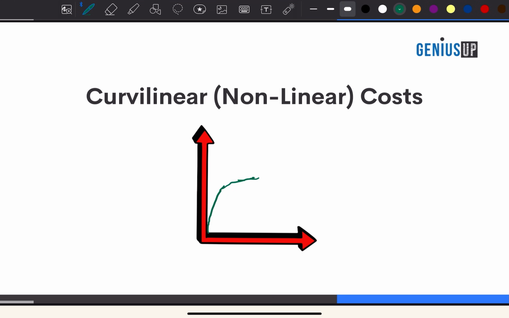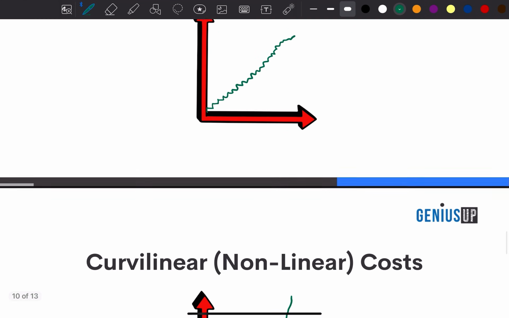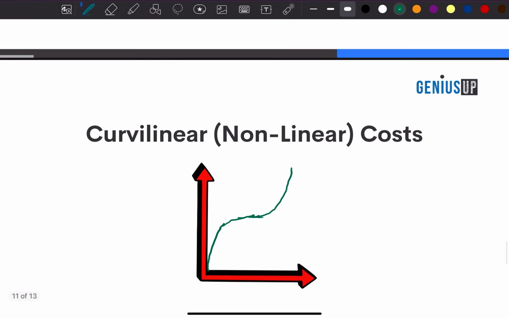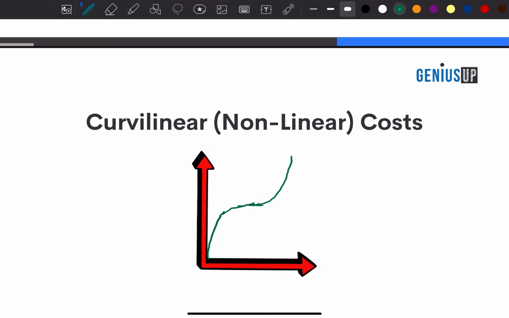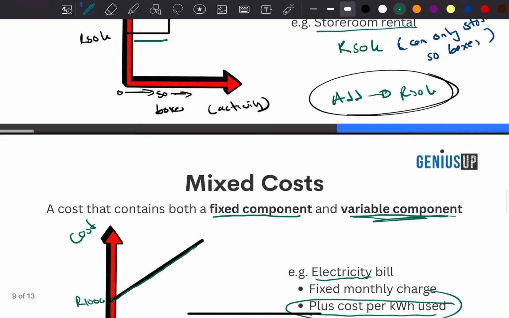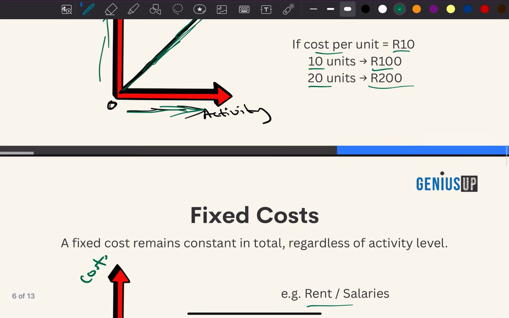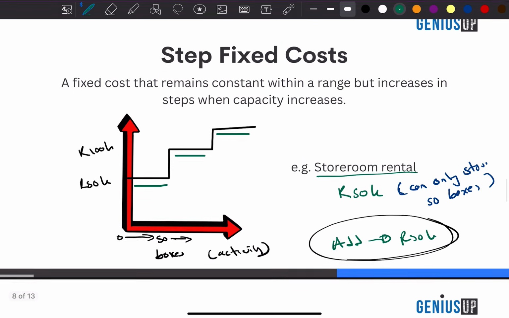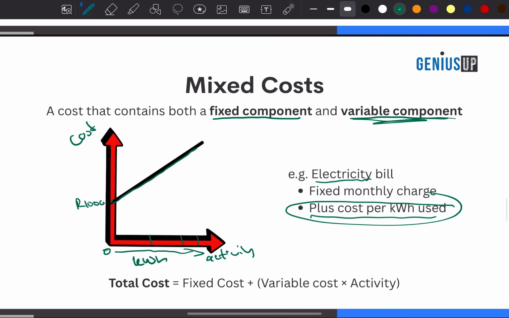However, you also reach a point where, beyond a certain capacity, it becomes more costly to produce more, so the cost goes up again. So it's curved, in a way. These two costs are unfamiliar in management accounting, and you can get away with understanding them at a high level. But the first four, which are variable cost, fixed cost, step fixed cost, and mixed cost, are really important for you to understand.